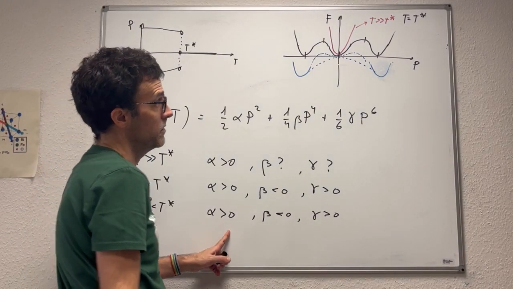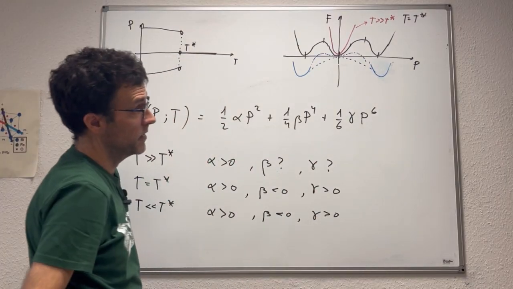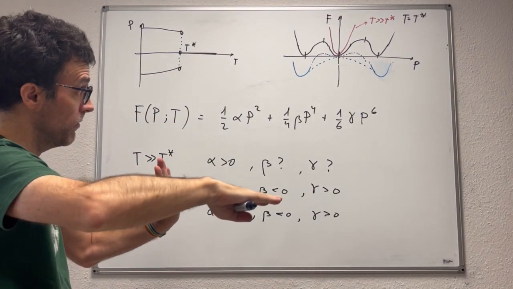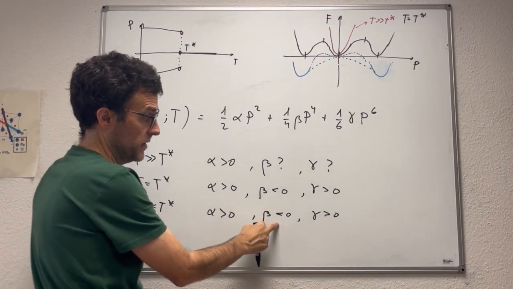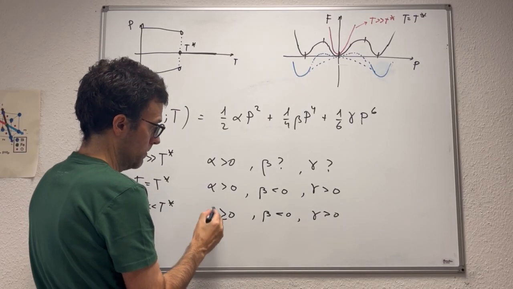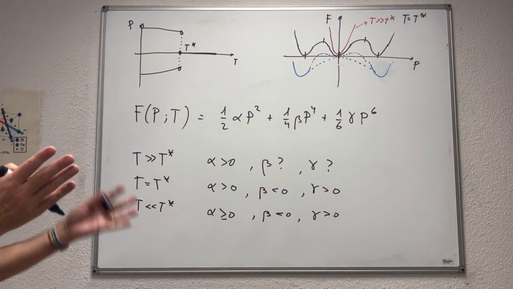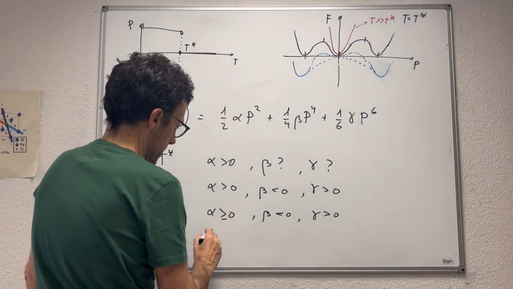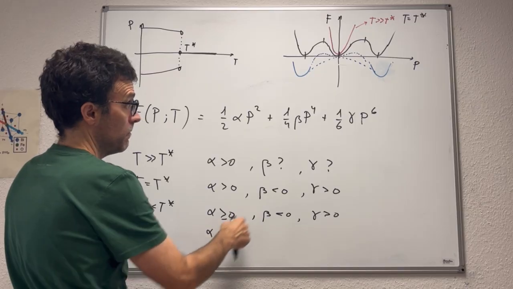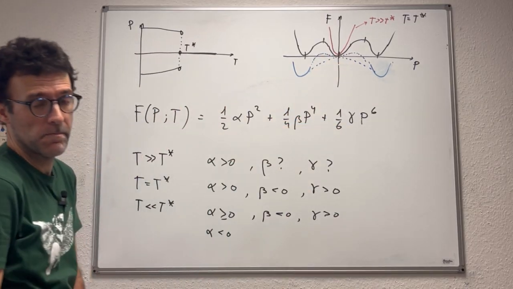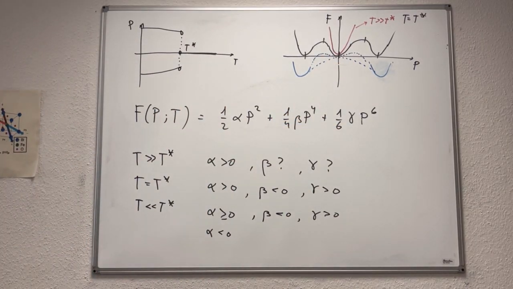If alpha is 0, so if this free energy landscape were totally flat at the origin, you still need beta negative and gamma positive, so that's a similar case. The other possibility is that alpha is negative, so there we have a maximum at P equal to 0.